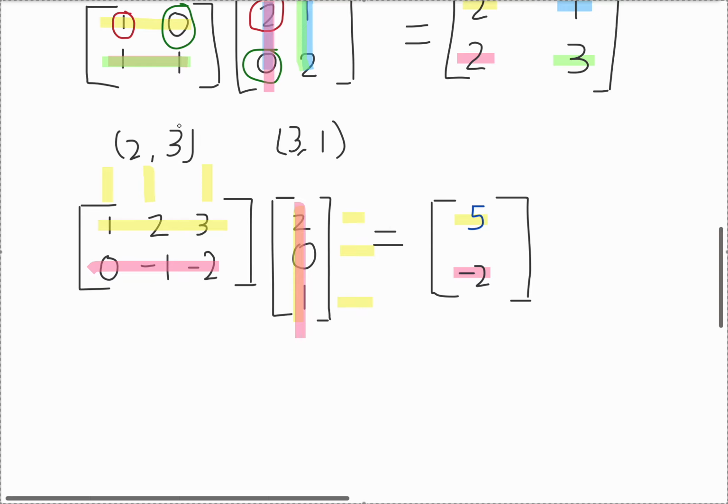Since dimensions are rows comma columns, we've found something with matrix multiplication: the inner dimensions must be equal. 3 and 3 must be equal, okay?